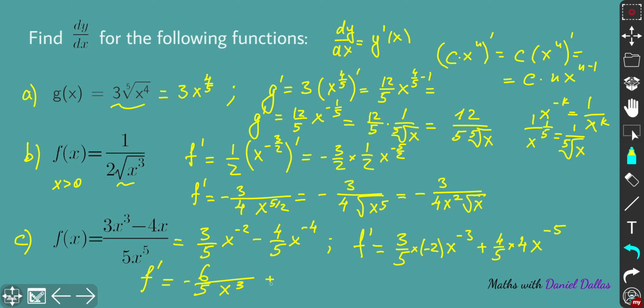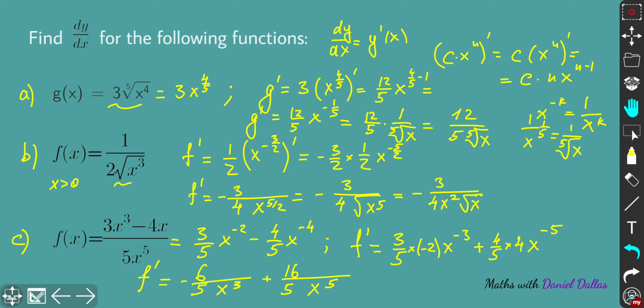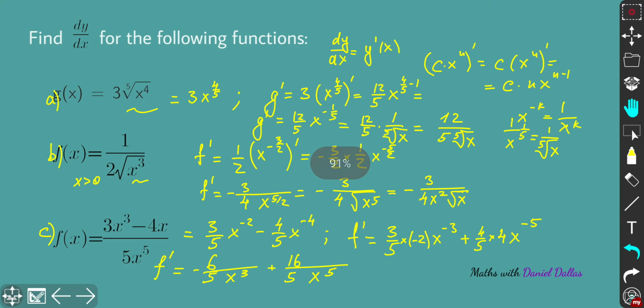And on top of that, you need to add 16 over 5 times, and again, x goes down into the denominator, and the power becomes positive, okay? So that's the final answer for that. If you like, you can go to the common denominator.